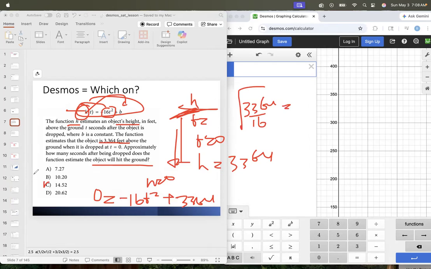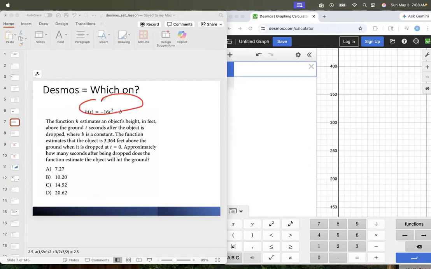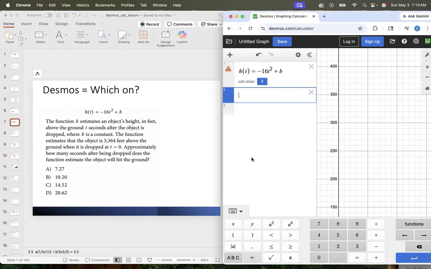You can plot it, but you have to know what to give it to Desmos. You have to define this equation as h of t. If you don't do that, then Desmos cannot give you the right answer choice. This is why you have to understand what these equations are. If you want to plot it, you put in the equation h of t is equal to that. But you have to tell Desmos, like I say, you have to know how to play with the variable.